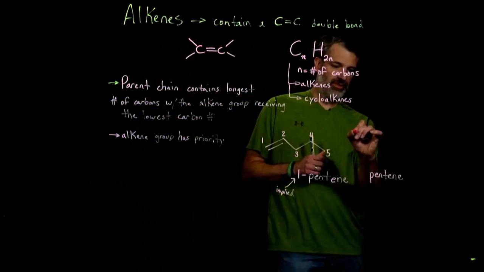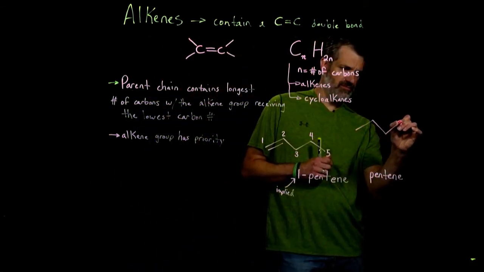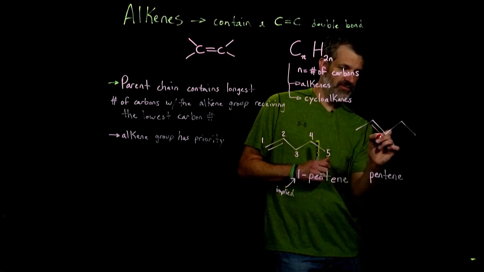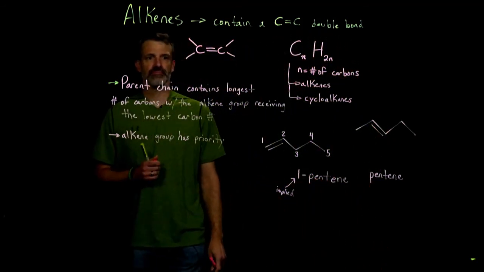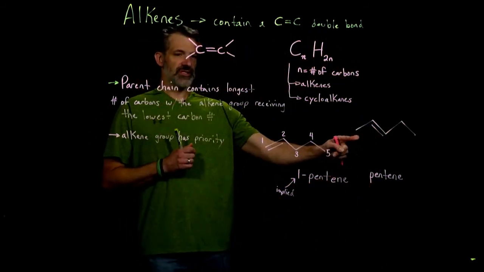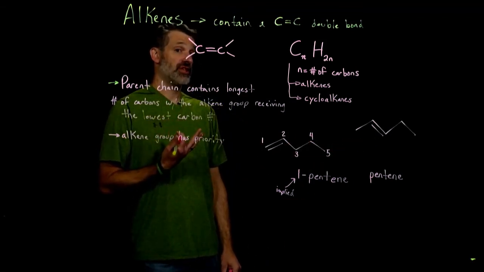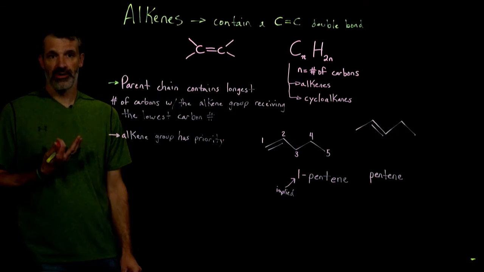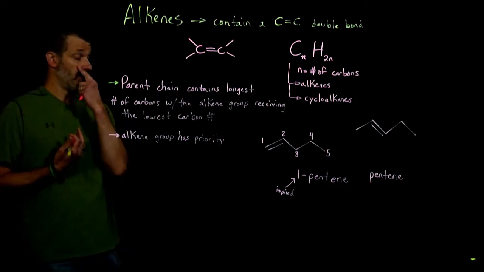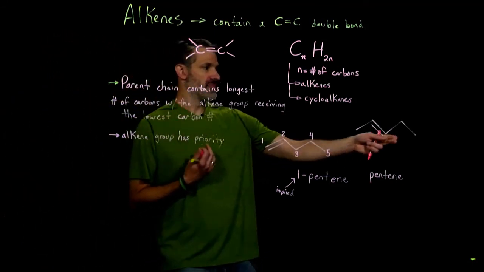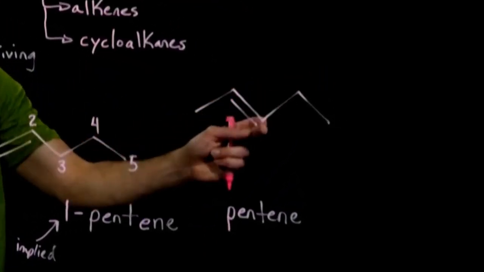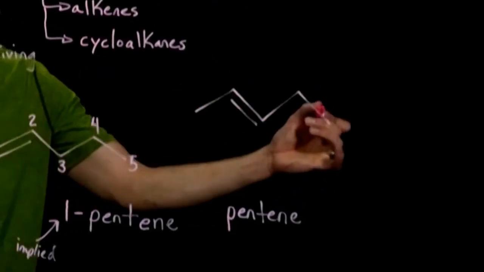If our double bond was located at a slightly different spot, let's say it was located here, we want to go in again, the direction that gives us the lowest possible carbon number for our 5-carbon chain. If I number from the right, 1, 2, 3, 4, 5.